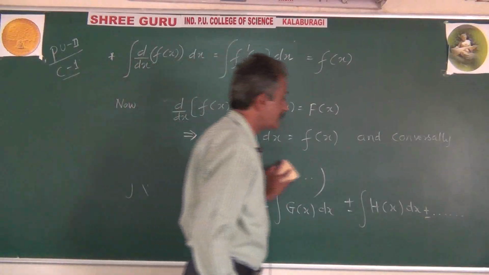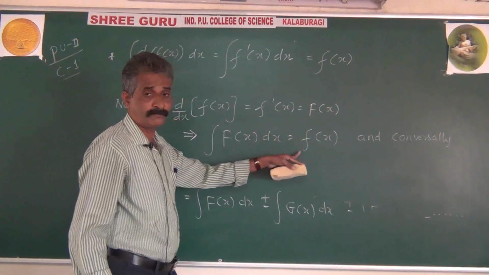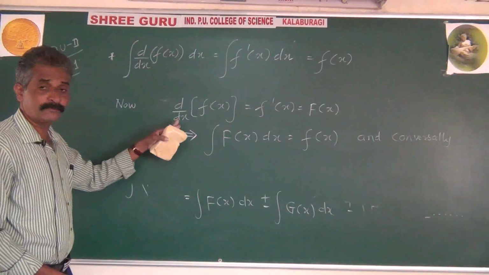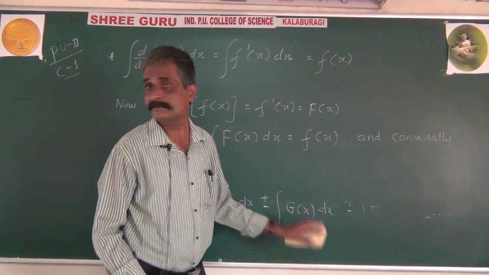What's the meaning of conversely? If the integration of capital F of x is equal to small f of x, it implies that the differentiation of small f of x is equal to capital F of x.